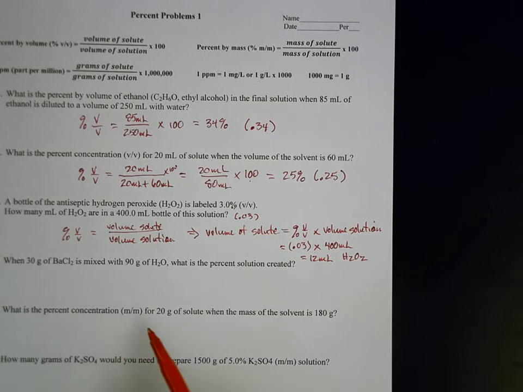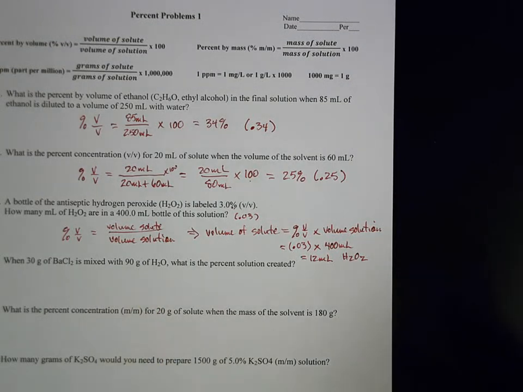Now question 4, it's very similar to question 2. The difference is now I have grams and grams. And again, how do I know that I'm going to have to add these two just the way I did in problem 2? It said 30 grams of this is mixed with 90 grams of that, as opposed to saying I made 90 grams of solution.